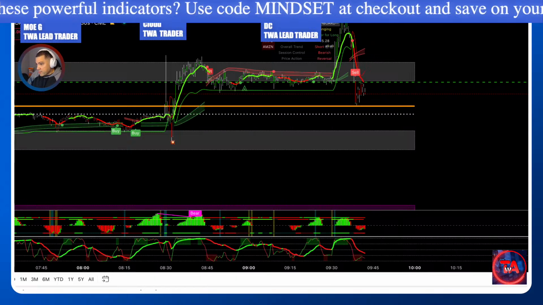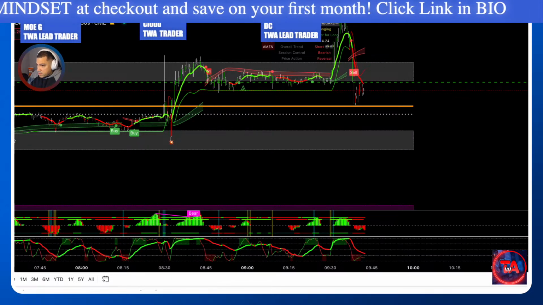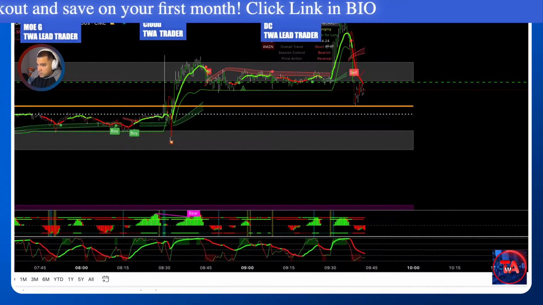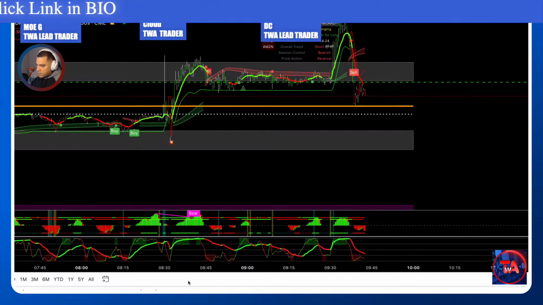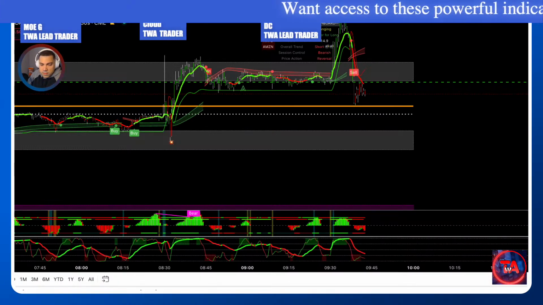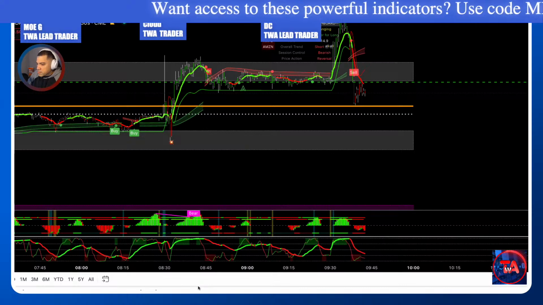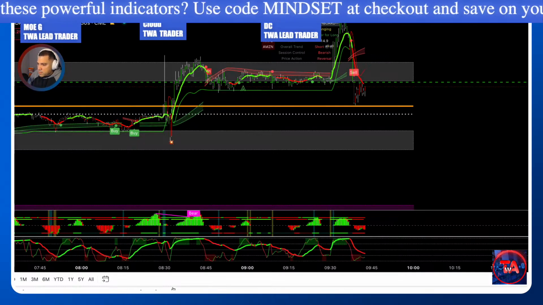Jesus Christ, IVD turned red. That's not good. TPOs turned off. We might get a signal to go long soon if it can. I don't see the trigger. Nah, I see it. Potential. I see it. Come on.